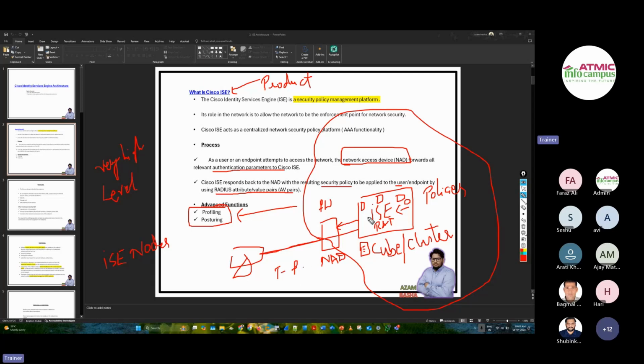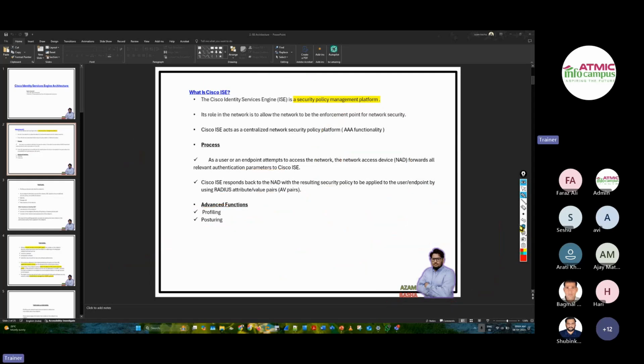Once the device is authenticated, the device will access the needed resource. So this is the process at a very high level. I spoke about advanced features, profiling and posturing. Let's discuss them in brief for today.